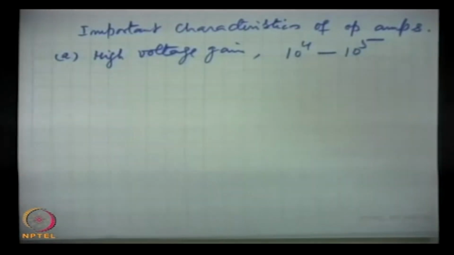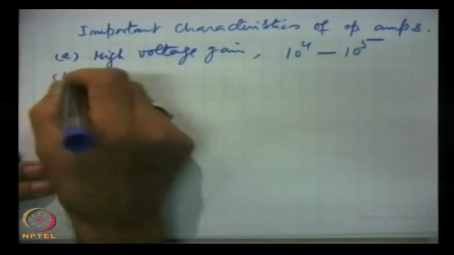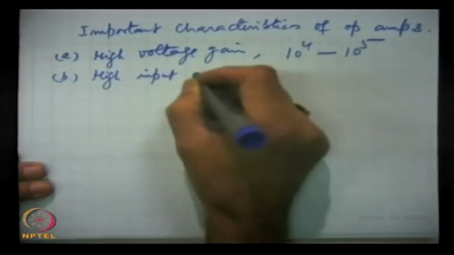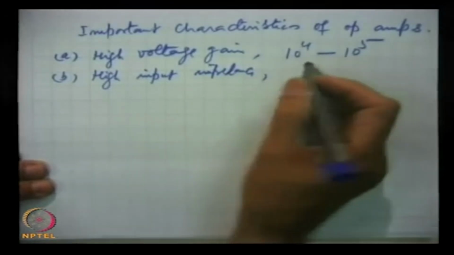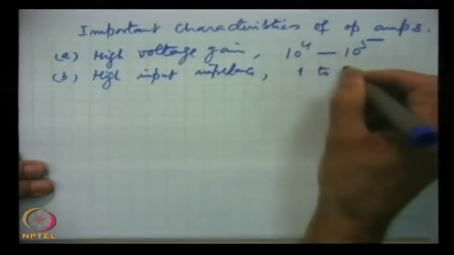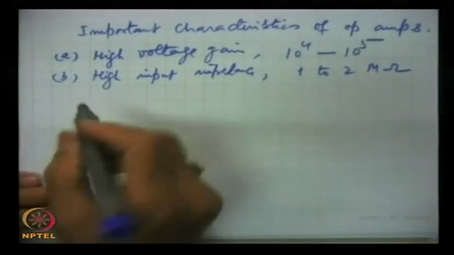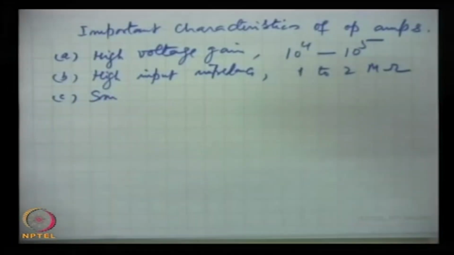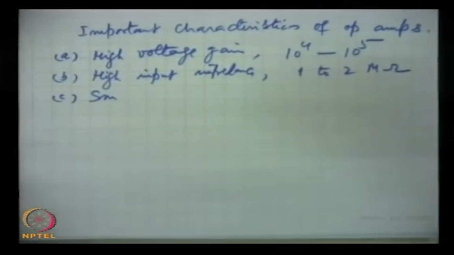And high input impedance. How high? They are 1 to 2 megohms, very high. And a small output impedance. High input impedance and low output impedance are the characteristics of a good voltage amplifier.